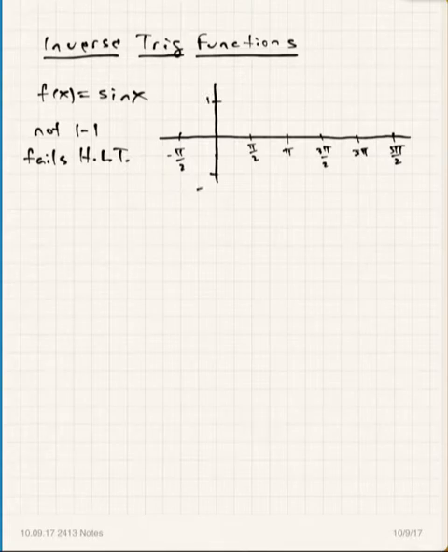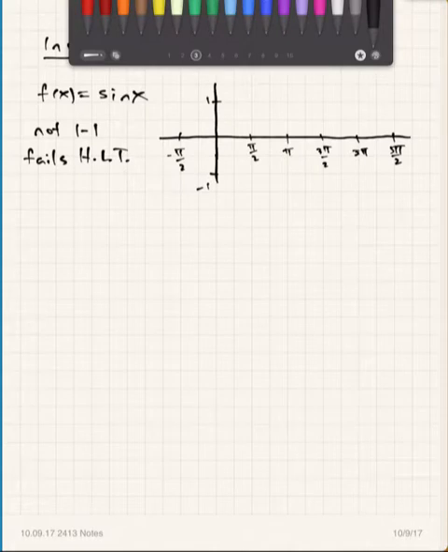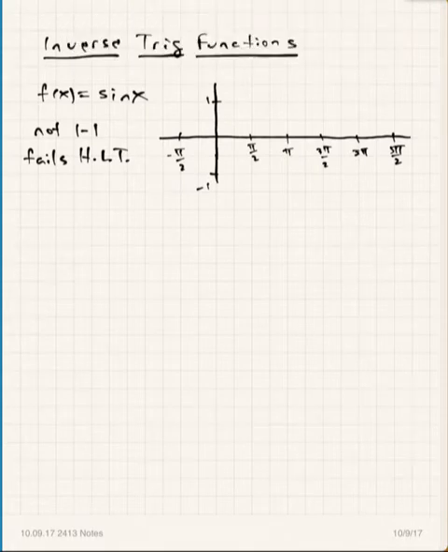And we graph the sine function, right? We get this graph. It oscillates back and forth between -1 and 1. We know that. And you get this graph that's clearly not one-to-one.